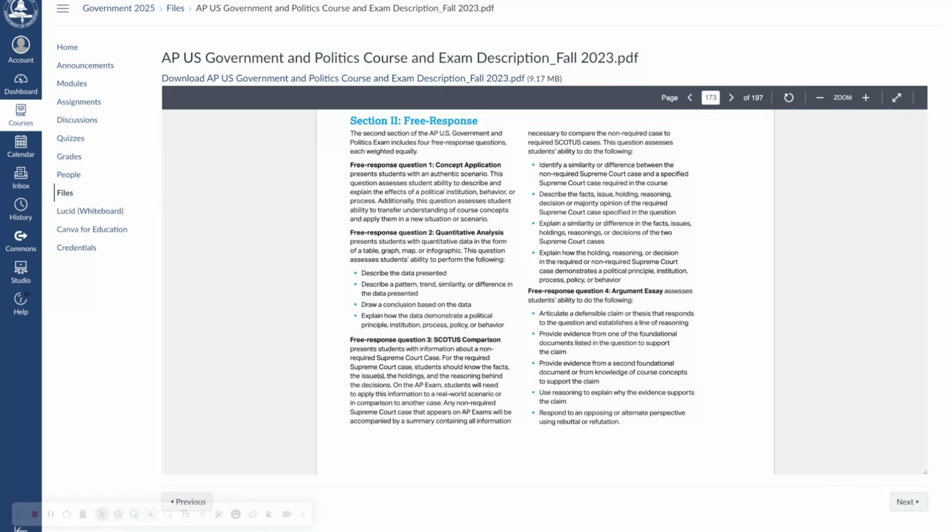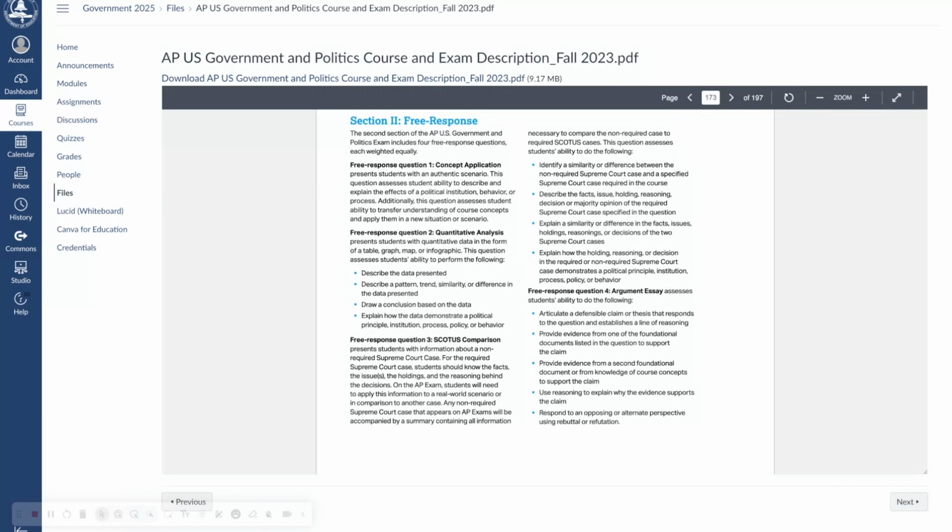And the last free response question is the argument essay. For those of you familiar with DBQs, it's very similar to a DBQ where you're going to need a claim and provide the reasoning and the evidence. For the purposes of the AP US Government and Politics exam, you want to be able to articulate a defensible claim or thesis that responds to the question and establishes a line of reasoning.